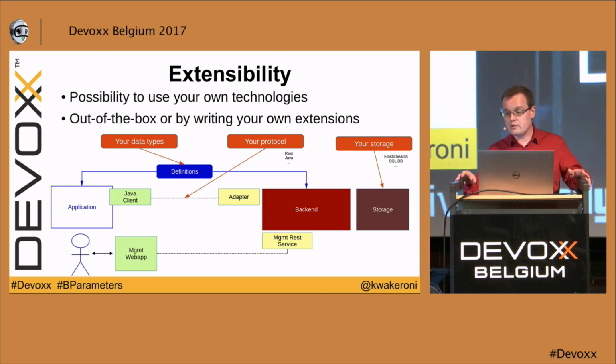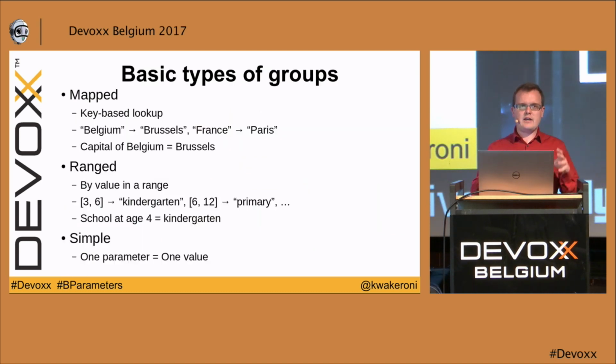So the goal is for the most standard technologies to provide this out of the box, and we also want to make it possible to write your own extensions. Of course, that is all in the future.